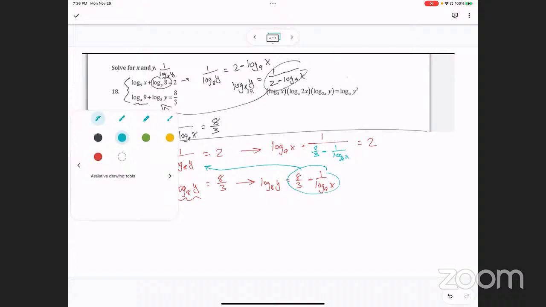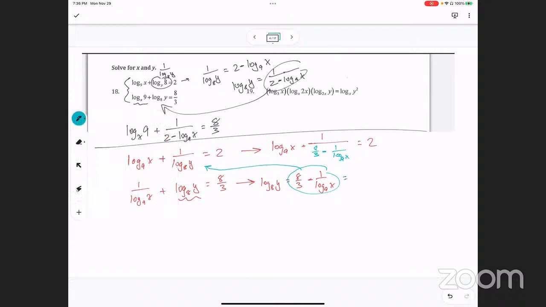Maybe I should have cleaned that up first. Let's get common denominator to see if this works. This is going to be 8 log base 9 of x minus 3 all over 3 log base 9 of x.